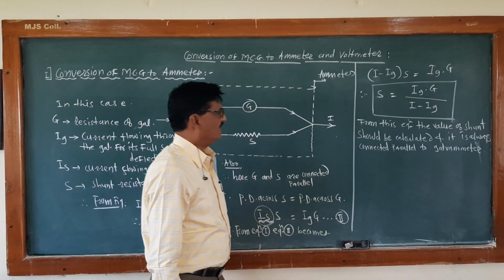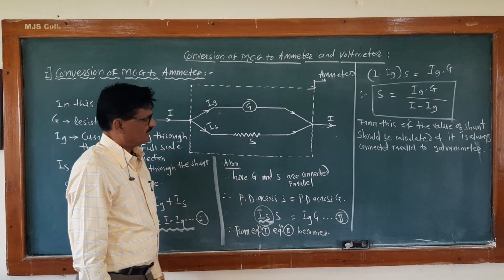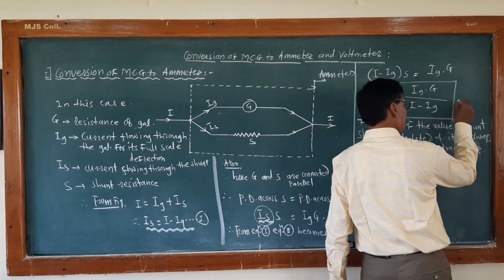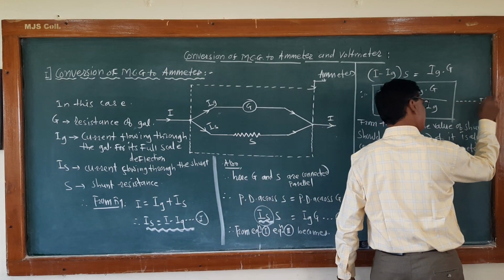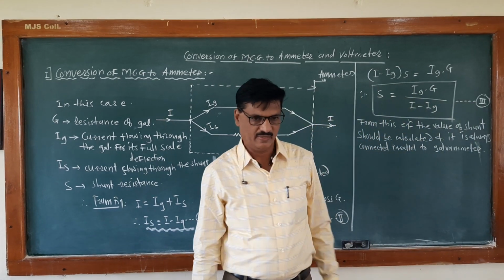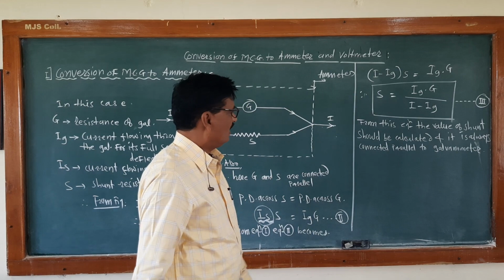S is equal to Ig G divided by I minus Ig. Using this equation, we can calculate the value of the shunt resistance; a low resistance should always be connected in parallel to the galvanometer.